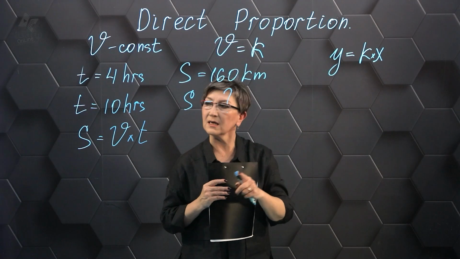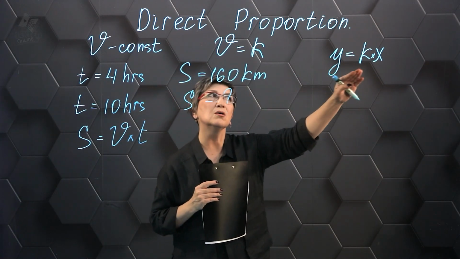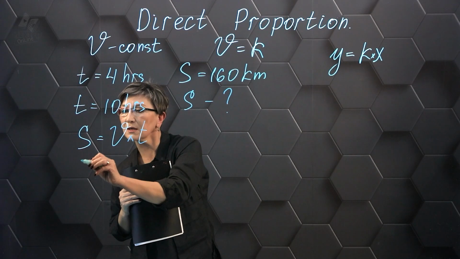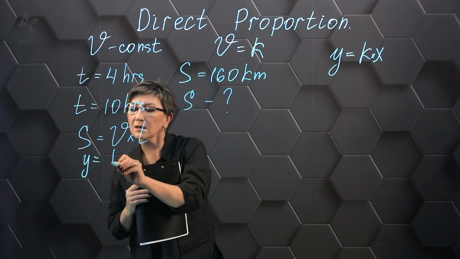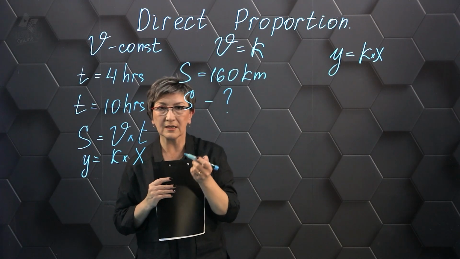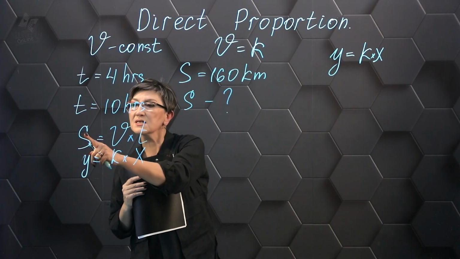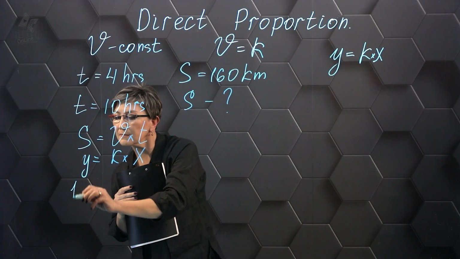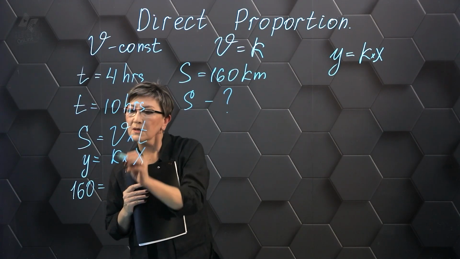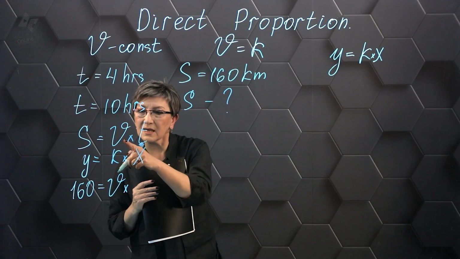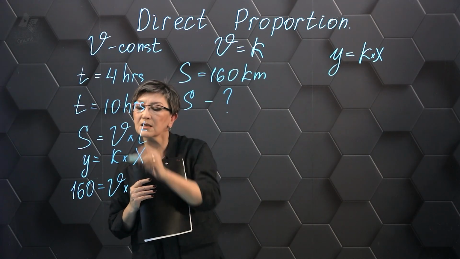Let's write down the general form of direct proportionality applied to our formula. So, s equals k times x. And in solving this problem, instead of s, we'll substitute the known value, which is 160, equals the speed, which is a constant value in this case, multiplied by t, that is by 4.